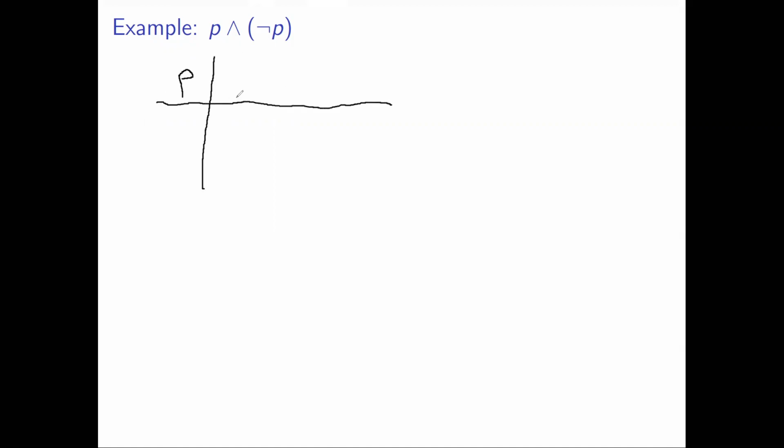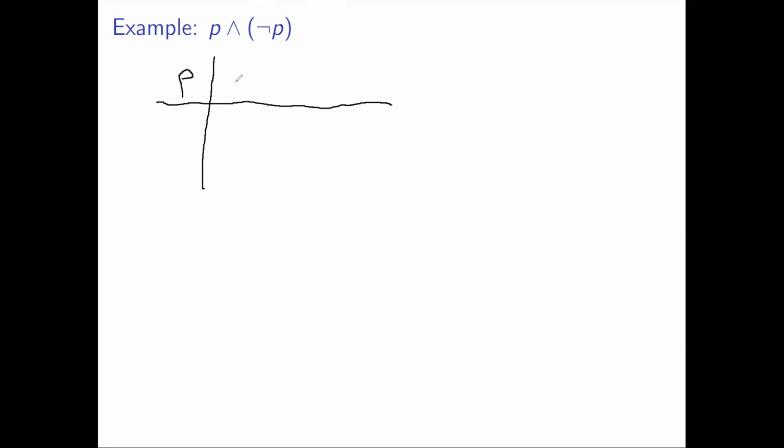So here's the first one, and this one has a pretty small truth table because it only has a single propositional variable. We'll do a column for each of the sub-propositions.